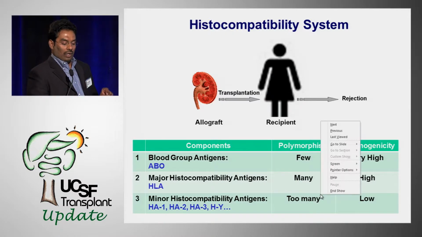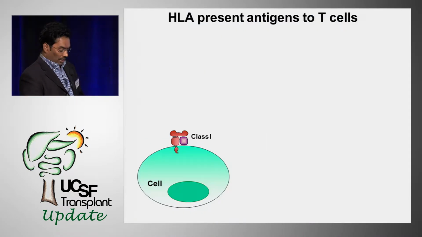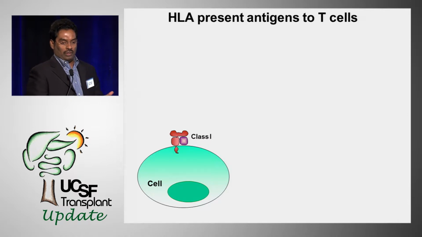Because these HLA molecules are the ones that present the foreign peptides, the viral peptides, to our immune system. Every single cell in our body expresses HLA class 1 molecules.